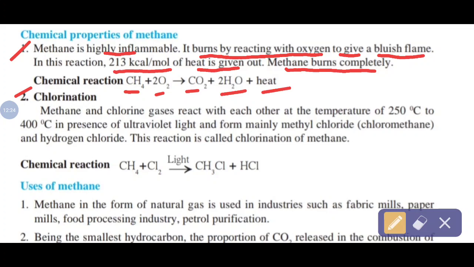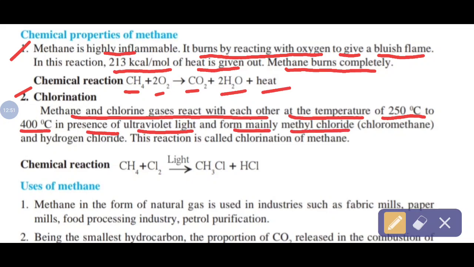Write a short note on chlorination. The question is asked this way for 2 to 3 marks. So what are the points given? Methane and chlorine gases react with each other at a temperature of 250 to 400 degrees Celsius in the presence of ultraviolet light, meaning UV light, and form mainly methyl chloride.